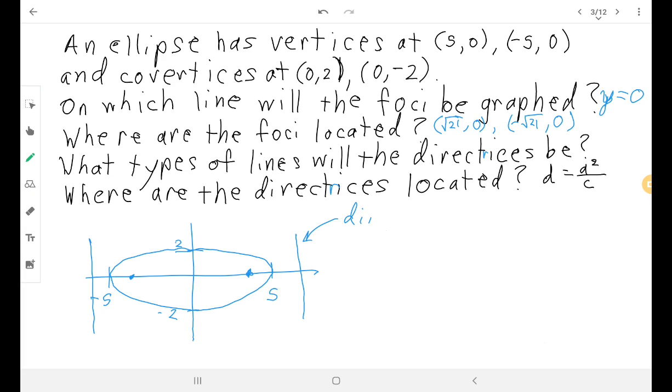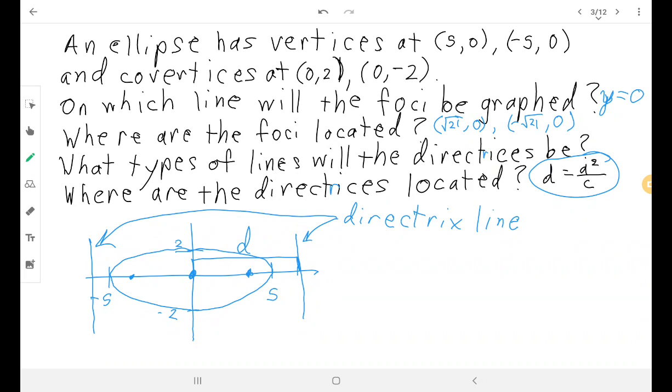This is a directrix line, and there's another one right there. And the distance from the center to the directrix is the distance d, which you calculate this way.